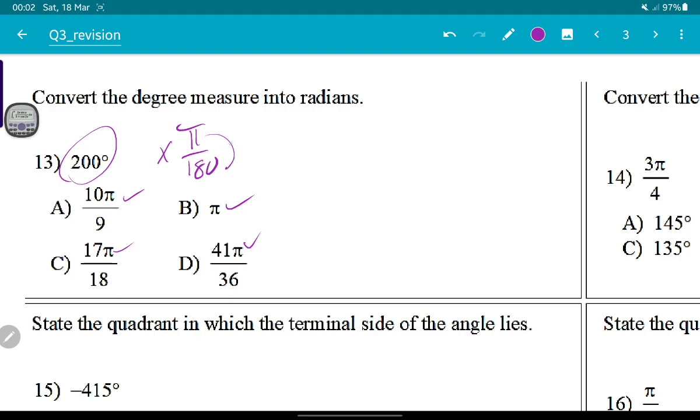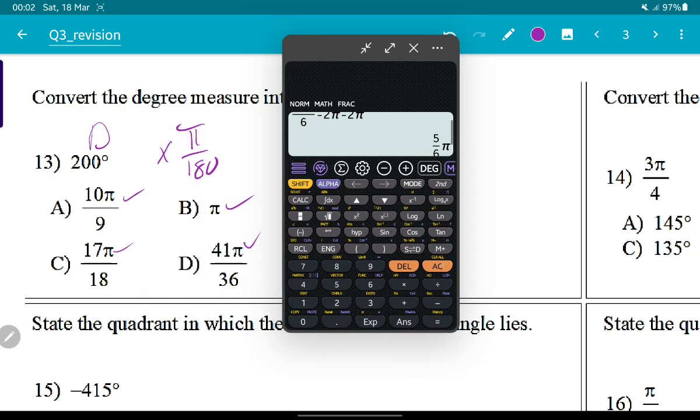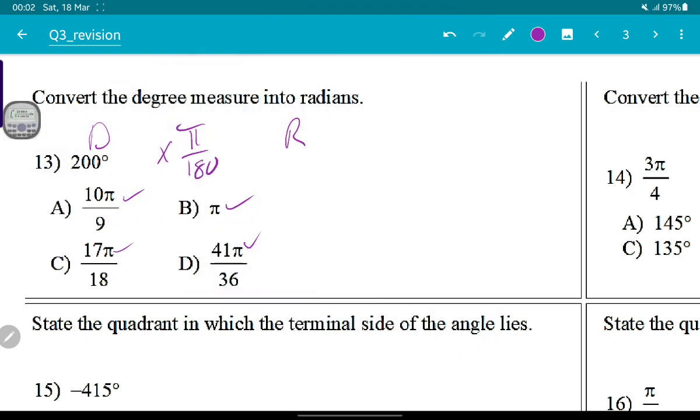Because they are equivalent, and it will switch from the degree system to the radian system. If you try this with the calculator in radian mode, pi over 180, shift, and this is 10 over 9 pi, or 10 pi over 9.